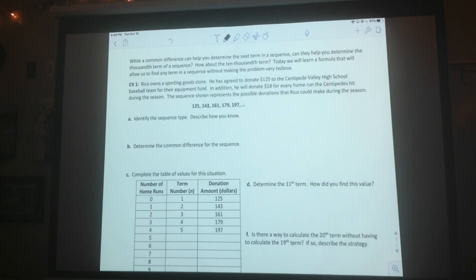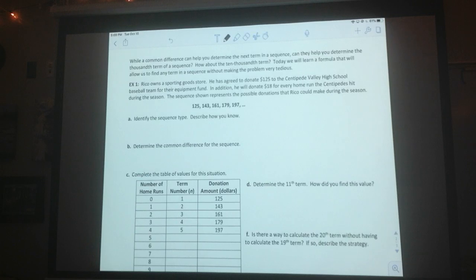Example number 1. Rico owns a sporting goods store. He has agreed to donate $125 to the Centipede Valley High School baseball team for their equipment fund. In addition, he will donate $18 for every home run the Centipedes hit during the season. The sequence shown represents the possible donations that Rico could make during the season.